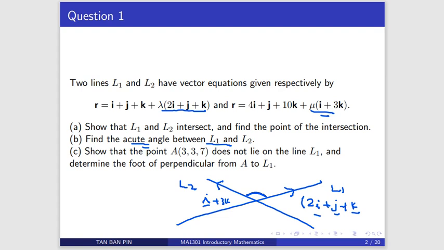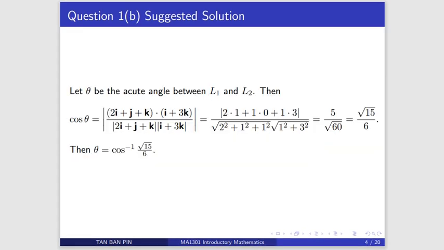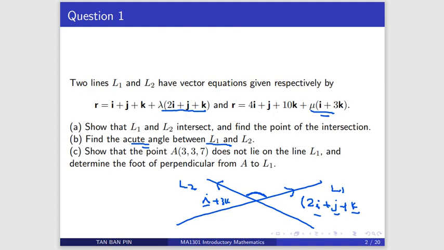So to find the acute angle between L1 and L2, you cannot just take the direction vectors and use the dot product to find cosine theta. It might give you an obtuse angle.